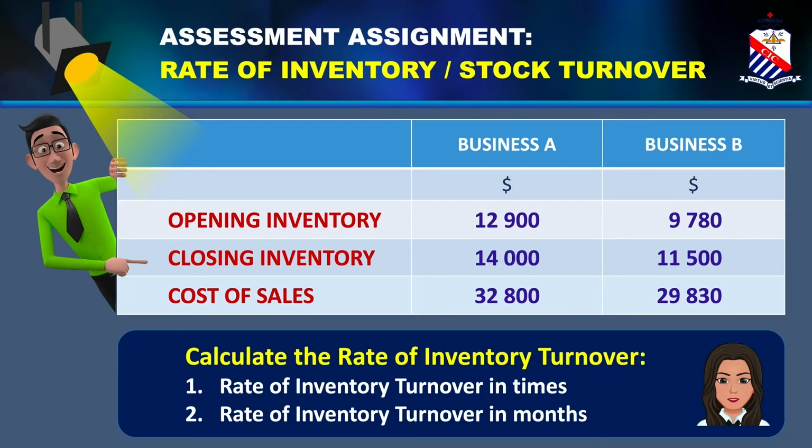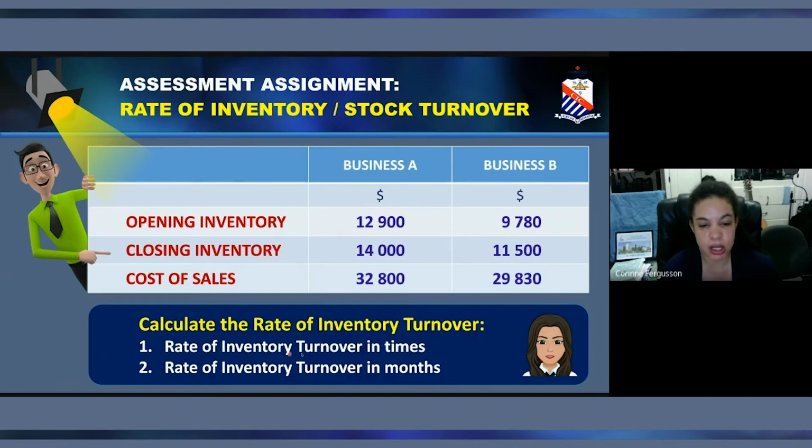And they're asking you for the rate of inventory turnover, both in times and in months. So you have to work out the turnover ratio expressed in times and expressed in months.